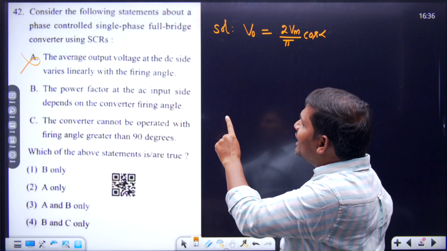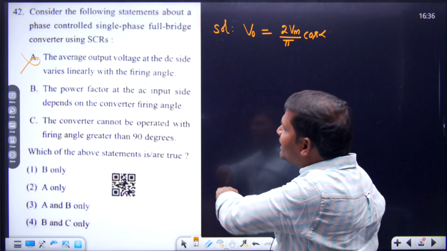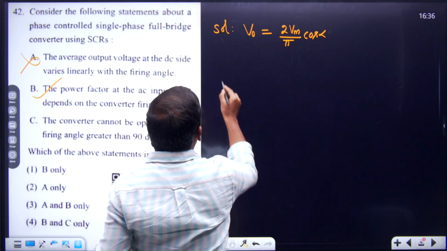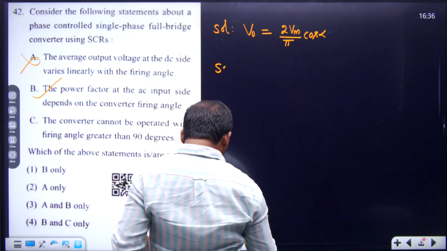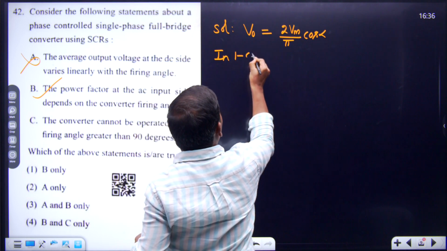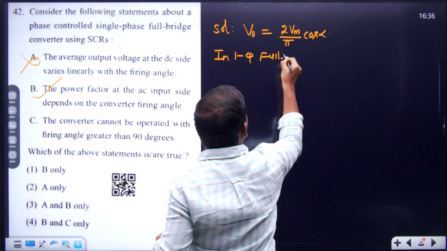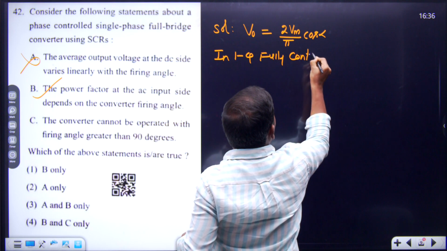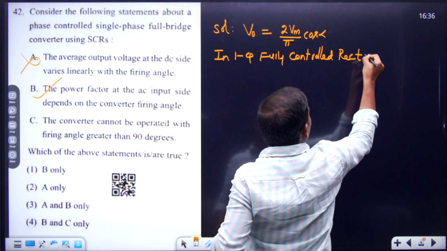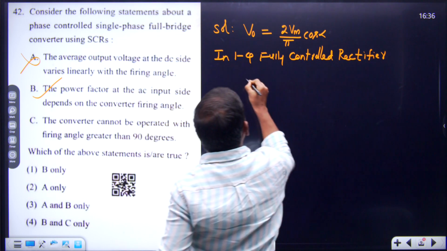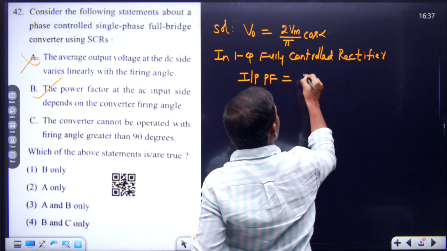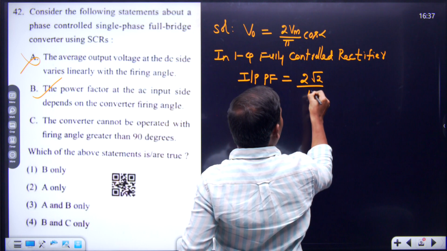The power factor at the input side depends on the converter firing angle. Yes, it is the exact statement, a correct statement, friends. You all know that in a single phase fully controlled rectifier, or full wave rectifier, the input power factor equals 2 root 2 by pi cos alpha.